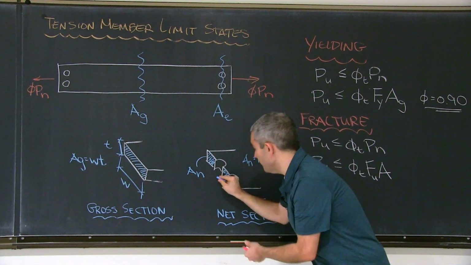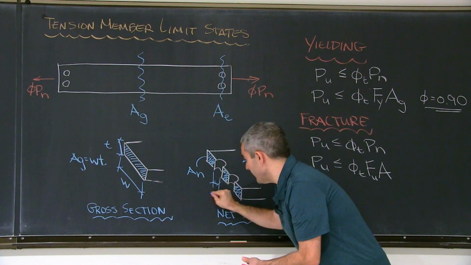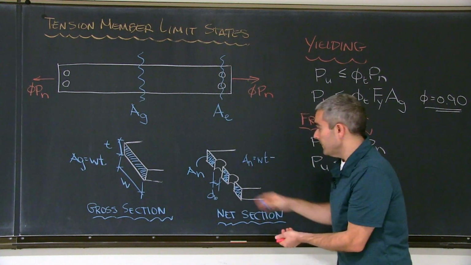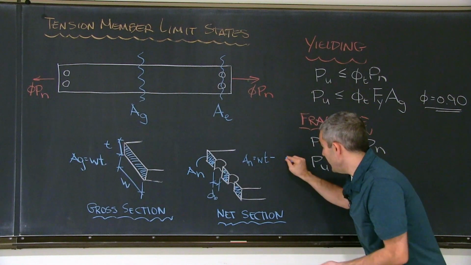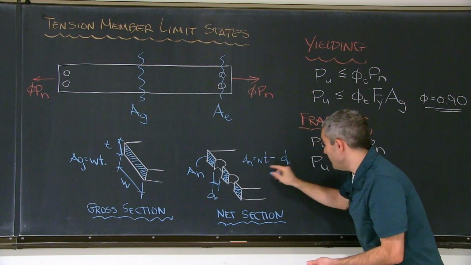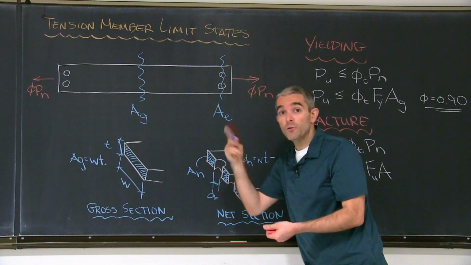So this rectangular portion has a value that is equal to the diameter of the bolt times the thickness. So we need to subtract out the diameter of the bolts times the thickness, and we have to do that twice because we went through 2 bolt holes.